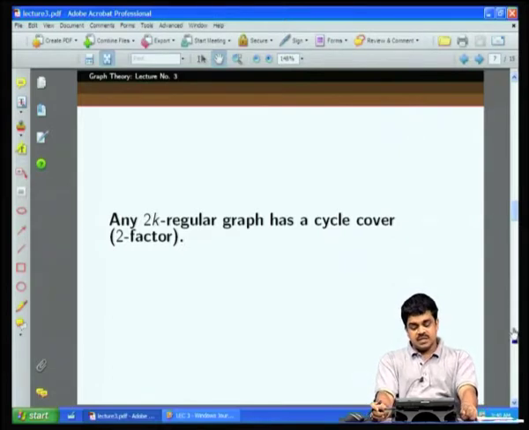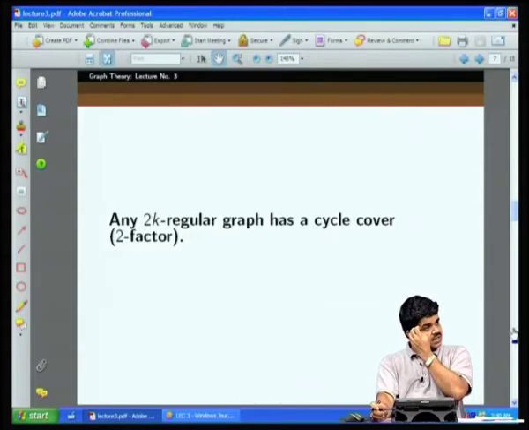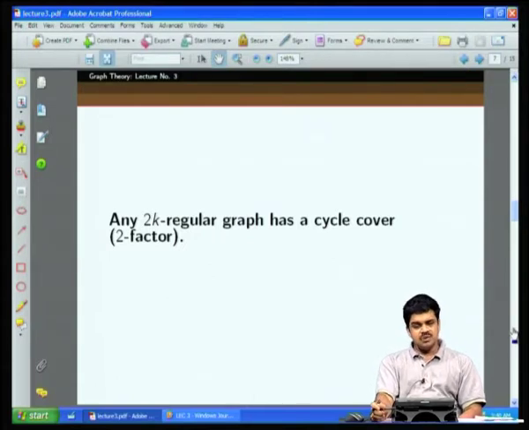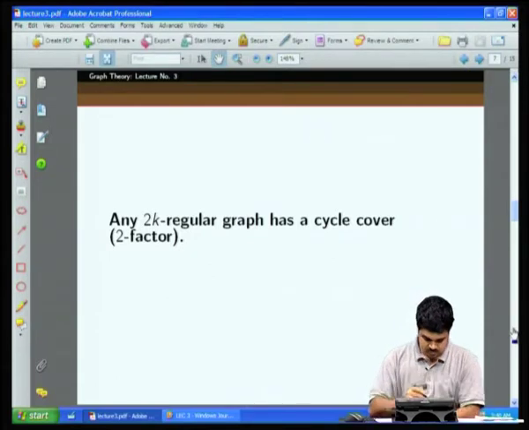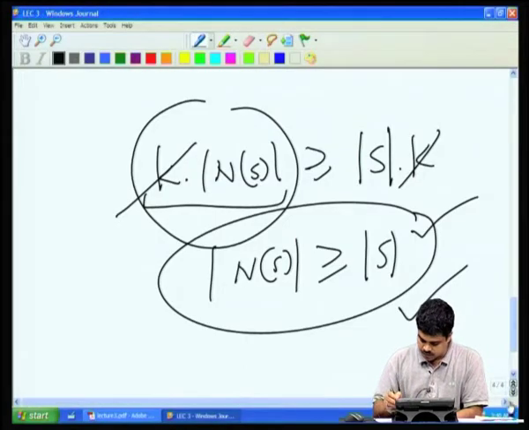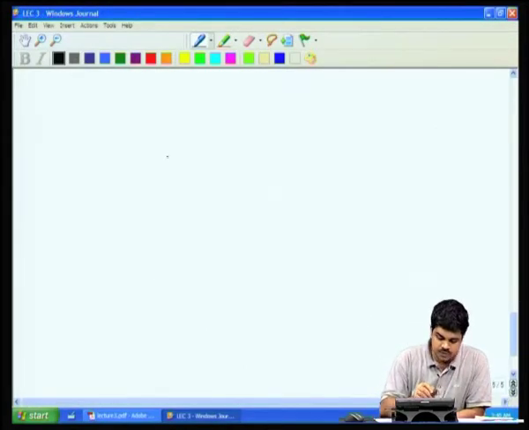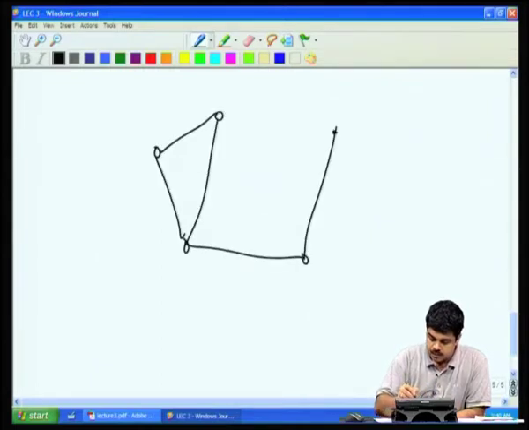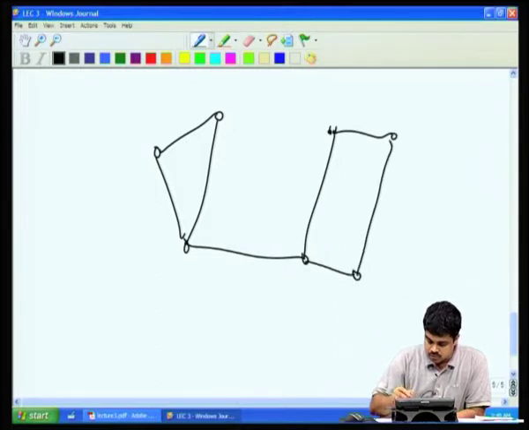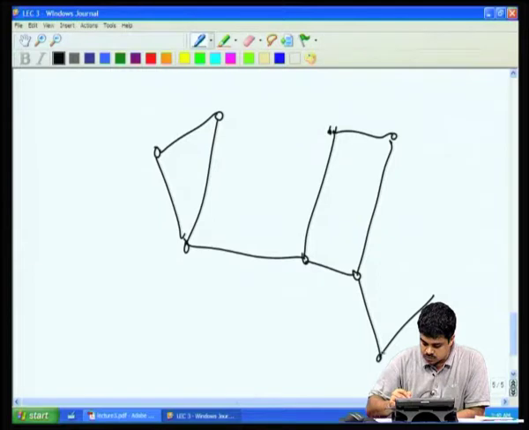So, you consider any undirected graph which is 2k regular, that means all the vertices have degree 2k. We want to say that it will have a cycle cover. That cycle cover we have already discussed, it is also called a 2 factor. That means you can get a collection of cycles. So let us see what a cycle cover is.